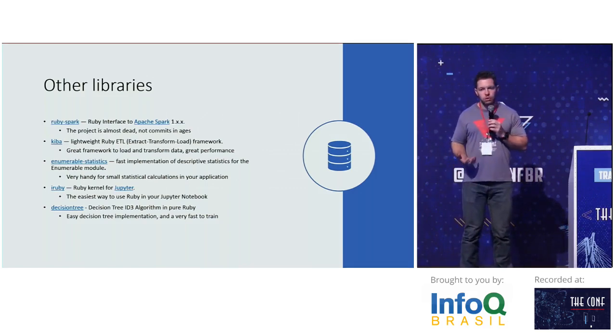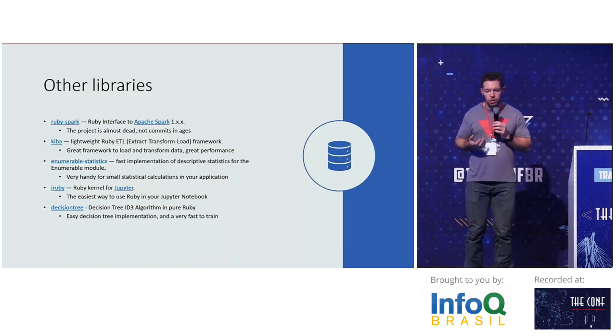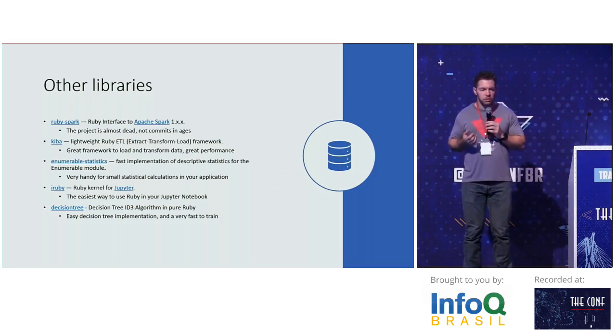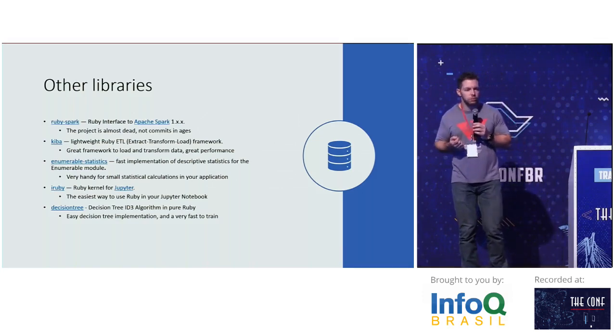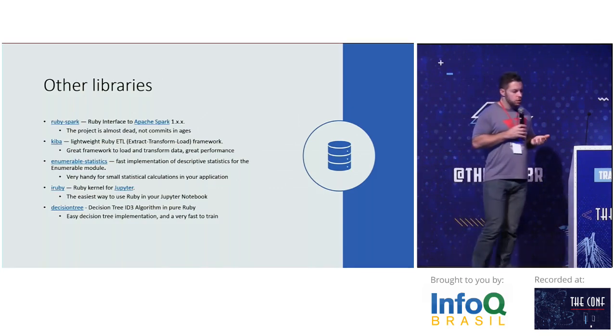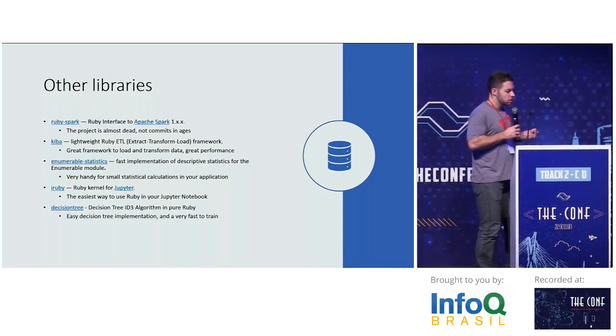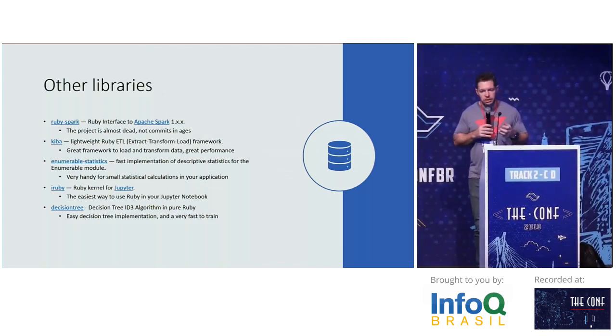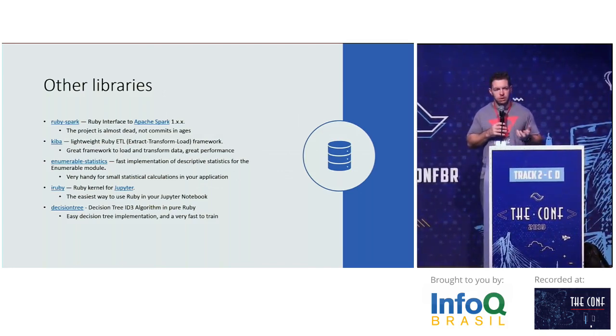Anyone that works with data science usually starts playing with the data using Jupyter Notebook, and iRuby is the Ruby kernel for Jupyter Notebook. And the decision tree library is not really data science. It's more like machine learning, but I will have a quick sample for that later.